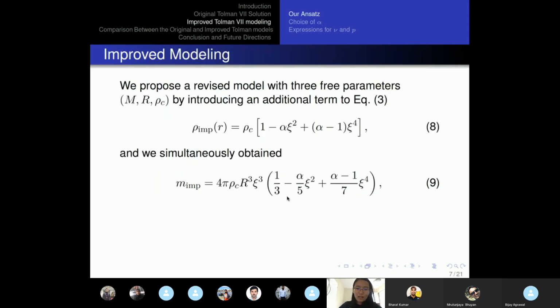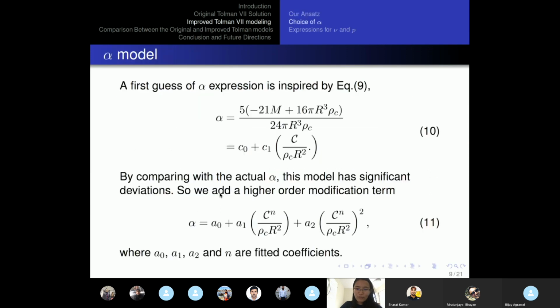If you set R equal to the radius, and M is just the mass of the star, you can get an equation for alpha. But this one is very bad because the values produced by this expression have very big deviations from the actual alpha.